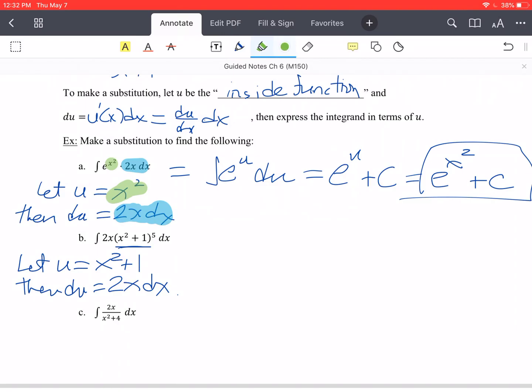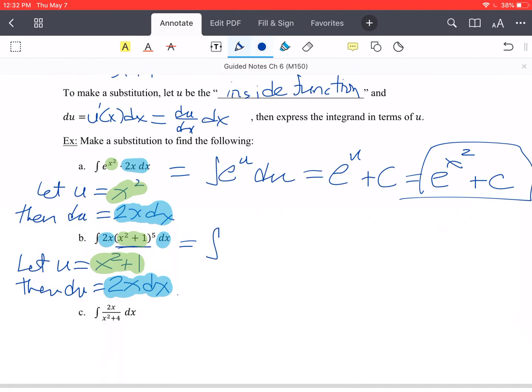If we match up, the u is going to replace the x squared plus 1, so that's right there. And the du is going to replace 2x dx, so that's going to be there and there. They don't have to be consecutive in the integral, because you can move them around if you want. But now we've gotten rid of all of the x's.